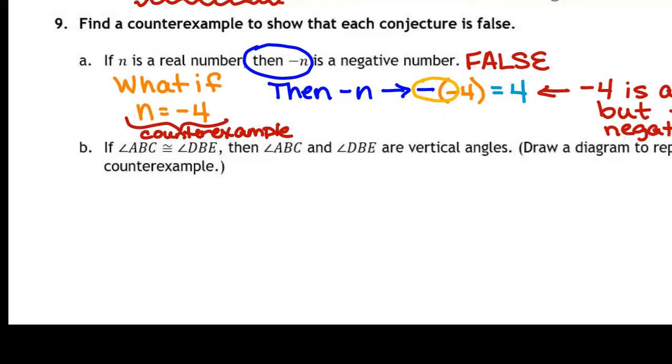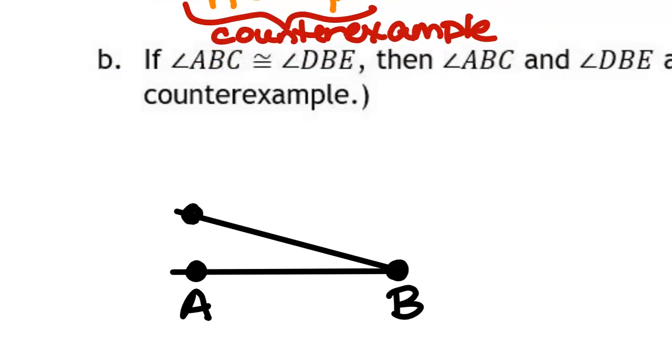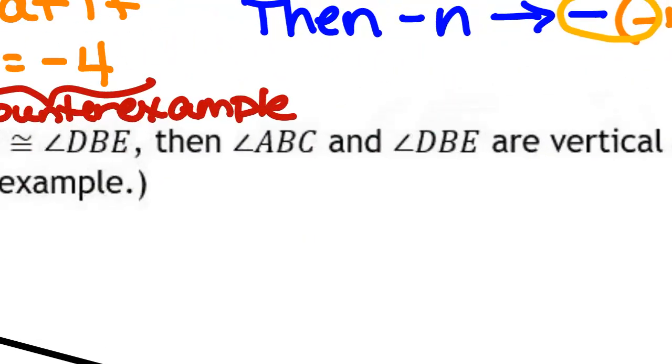So let's draw this picture. I'm going to call this my angle ABC. I'm going to have A here, B here, and C here. Angle DBE, notice they have the same vertex.